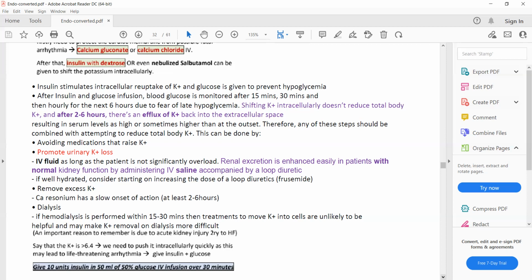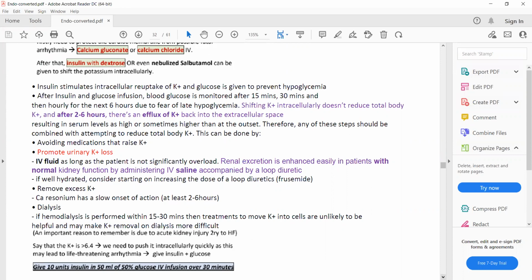That can be done by giving IV fluids plus diuretics such as loop diuretics, because we have just discussed that loop diuretics can cause hypokalemia. Thiazide diuretics can also cause hypokalemia, but they are not used in emergency situations. Loop diuretics are preferred in emergencies.